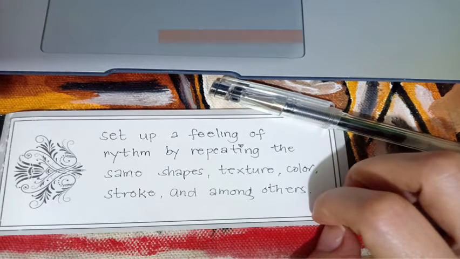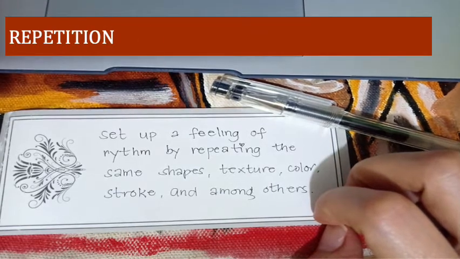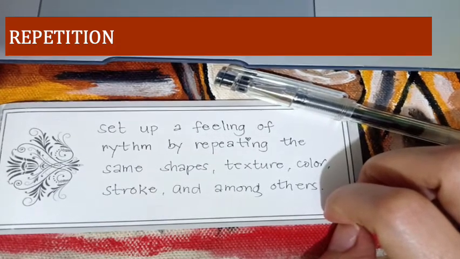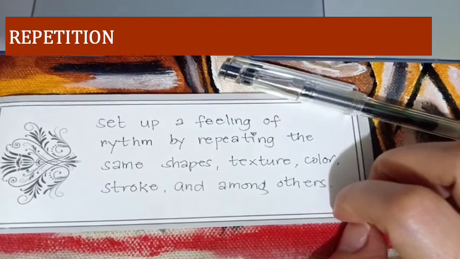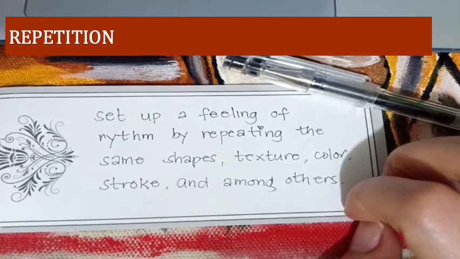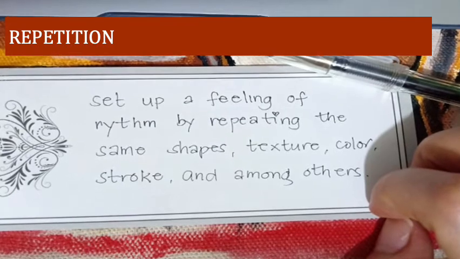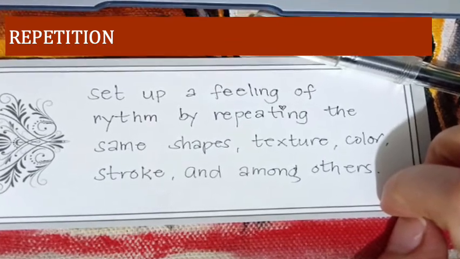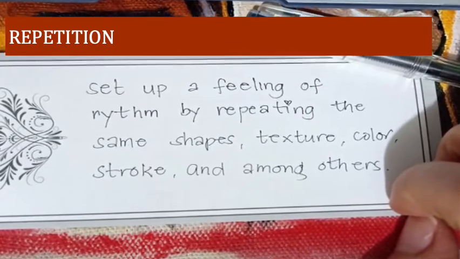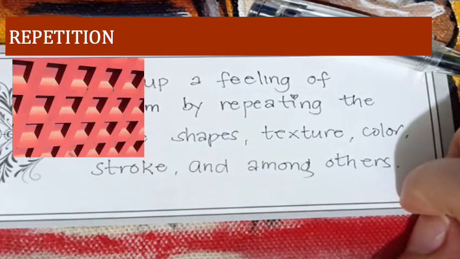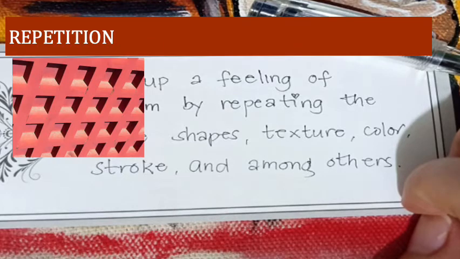Okay, let's proceed to repetition this time. So, repetition sets up a feeling of rhythm, by repeating the same shapes, texture, color, stroke, and etc. in an artwork. As you can see here in the given image, there is something about the picture that is repeated oftentimes.